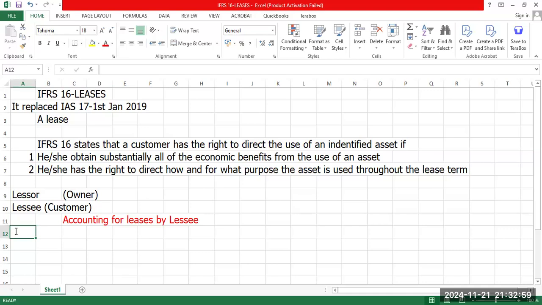Okay, so we need to know the initial recognition. At the commencement of a lease, what will the lessee account for in his books?